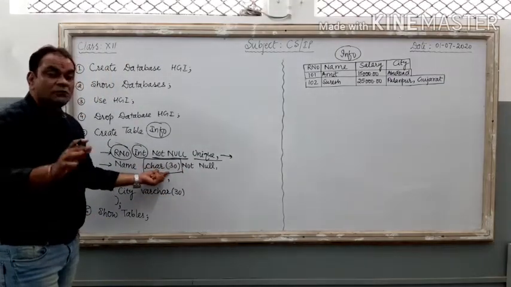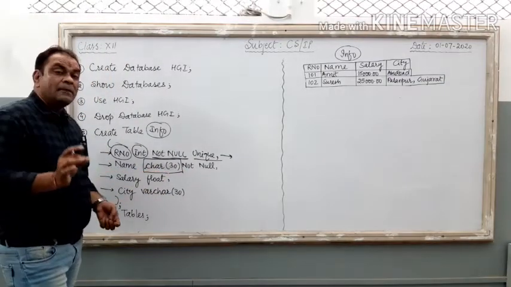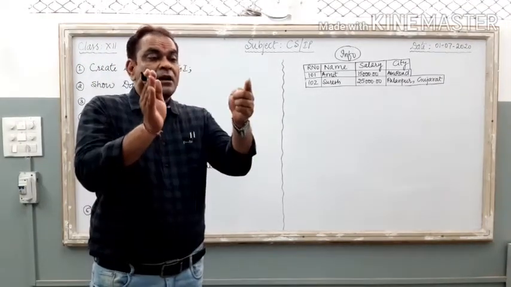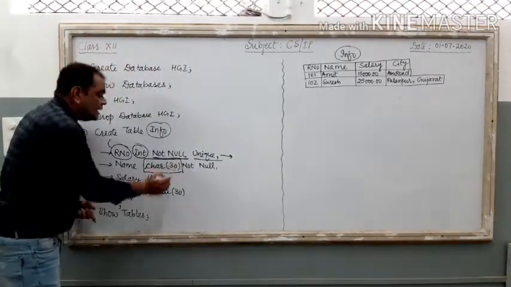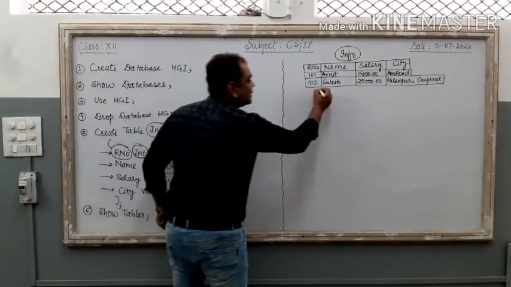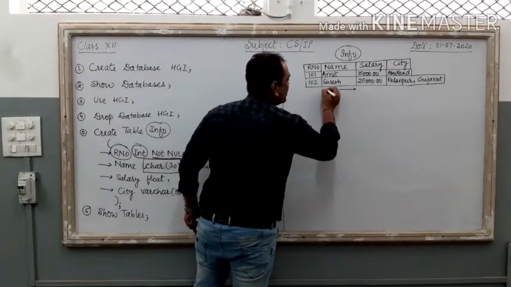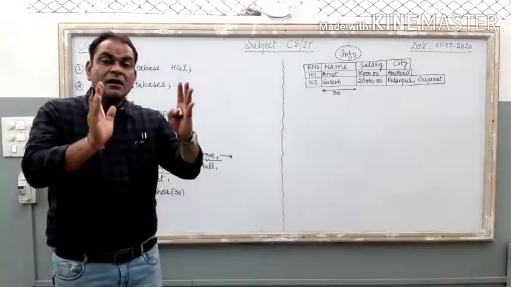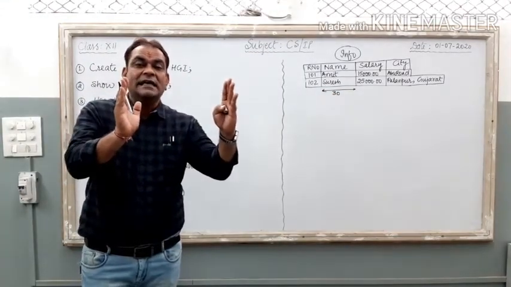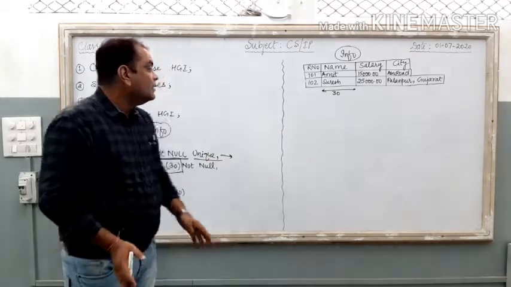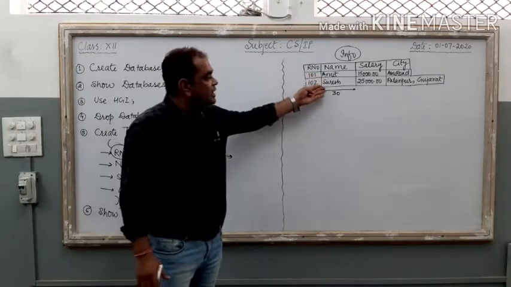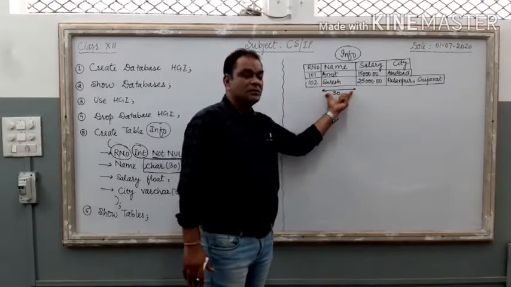Character 30, what does it mean? Character data type is a fixed data type of MySQL. Fixed means here if I put 30, it means the width of the name column is 30. The computer assigns 30 space in that column, and if we enter data such as Amit or Suresh, the maximum size of this column is 30.